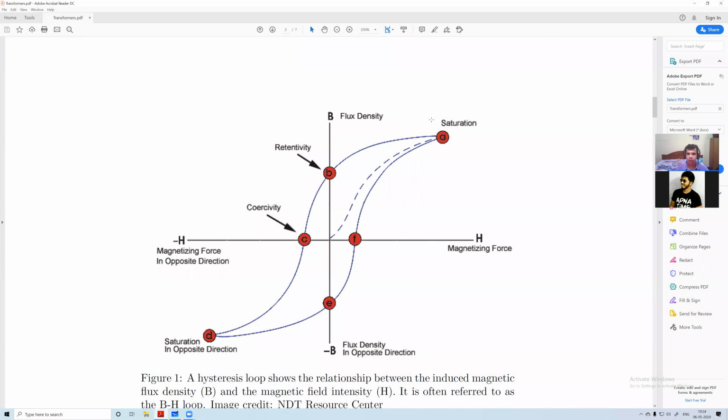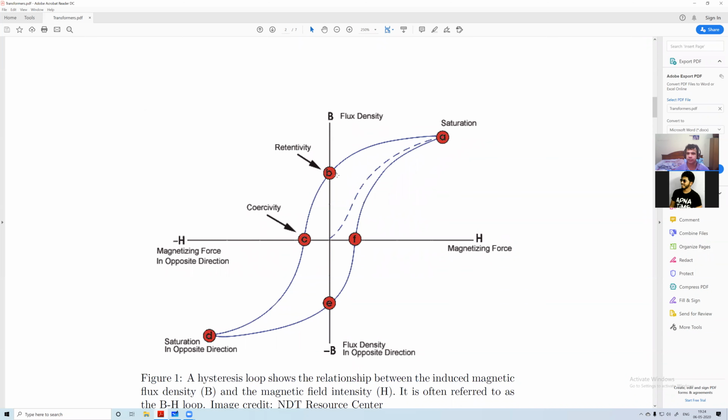Now, if from the point A, we would like to go back to the origin, then it does not go this way. As we decrease H, B decreases like this, much more slowly, and when H is 0, B still has some value. Some of the material in that magnetic material organizes itself in some way so that some of the B is retained.